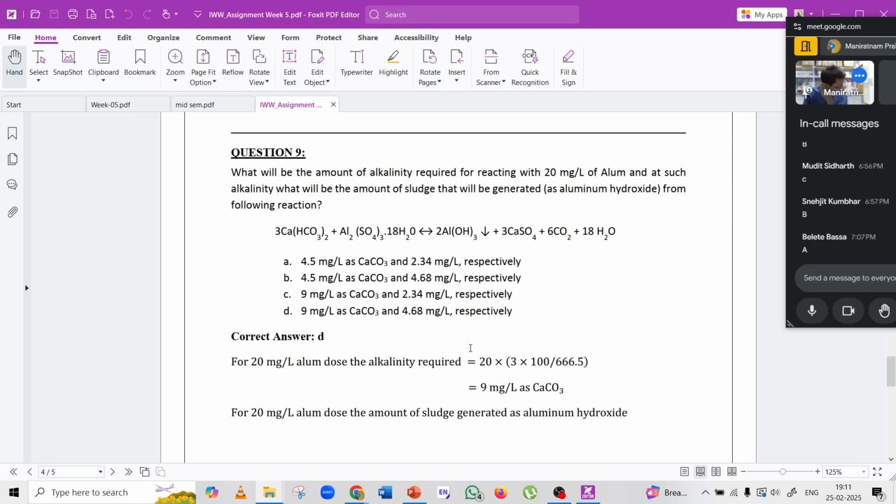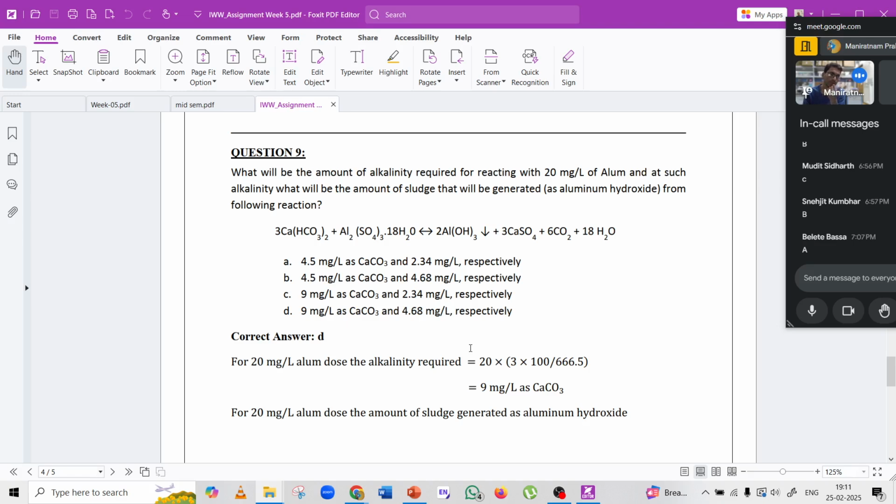Is it clear? I don't know how you got 4.5 milligram per liter. If you want to discuss, we can discuss.